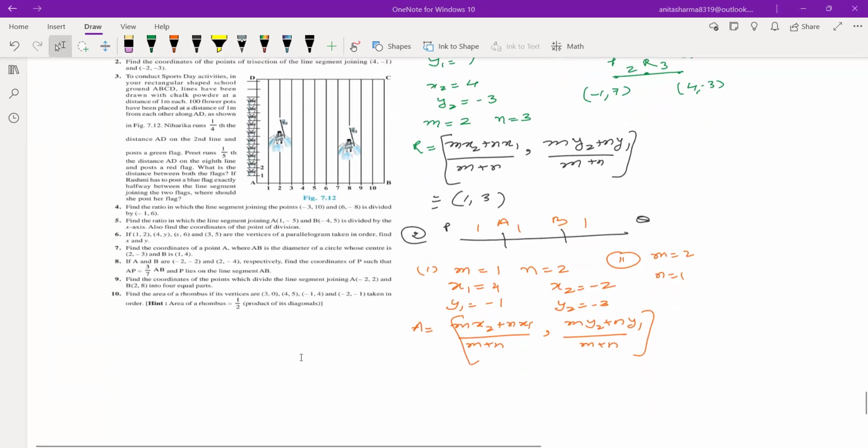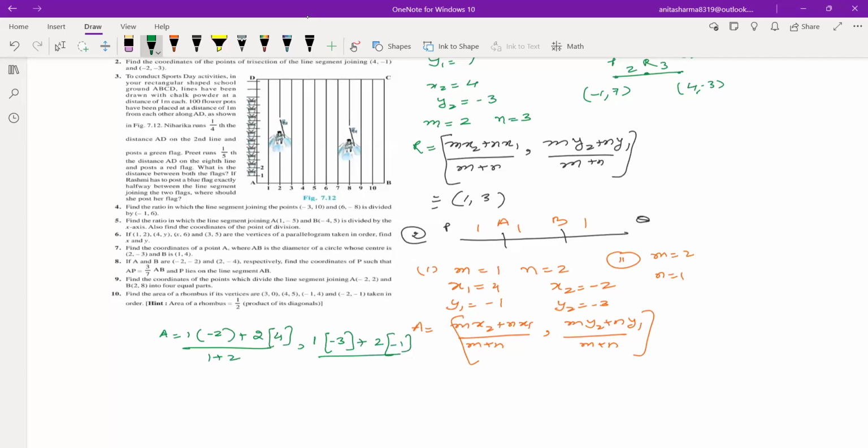Yes, beta. Now m is 1, x2 is -2, n is 2, x1 is 4, divided by 1 plus 2, comma, m is 1, y2 is -3, n is 2, y1 is -1, divided by 1 plus 2.